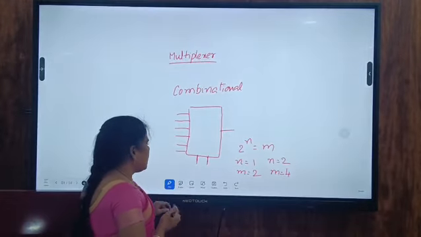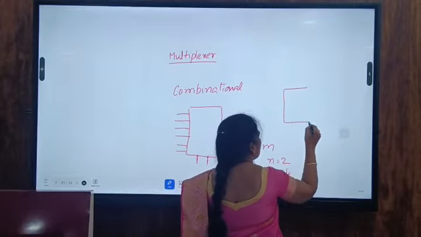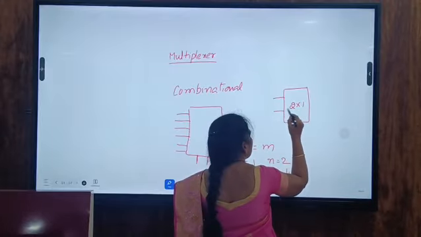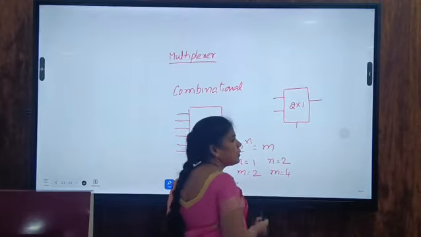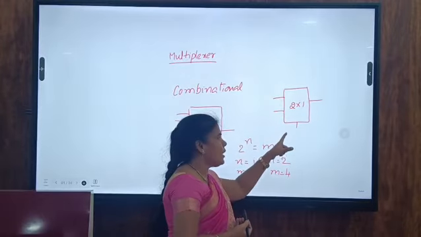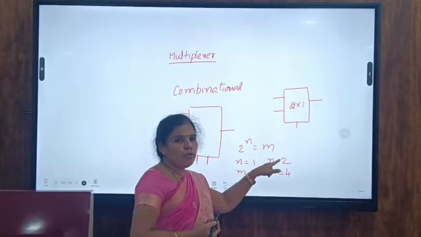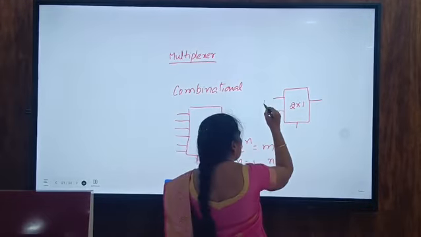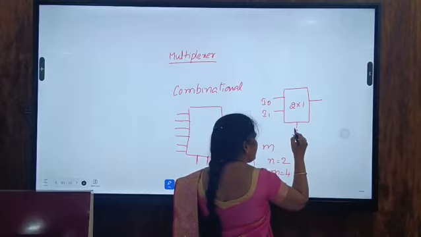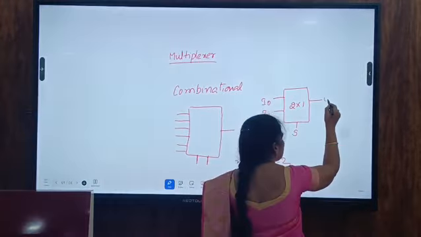Now we will see the 2 by 1 mux. For a 2 by 1 mux, you have 2 input lines and 1 selection line. So n is equal to 1 means there are 2 inputs. This is I0 and this one is I1, and this is the selection line, which I am taking as S. Now we will see the output.